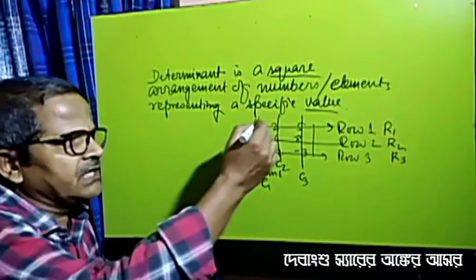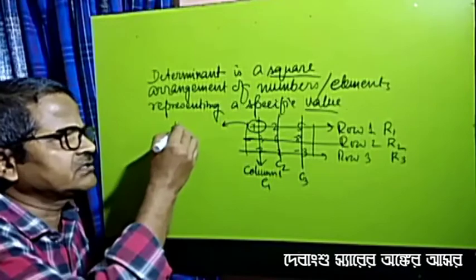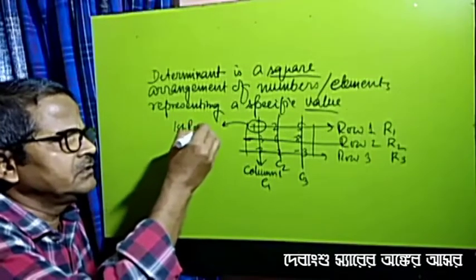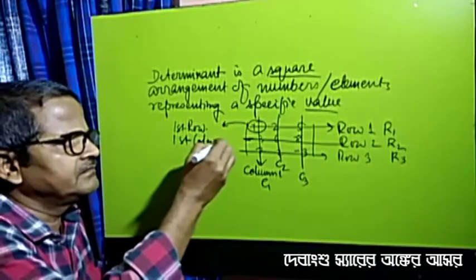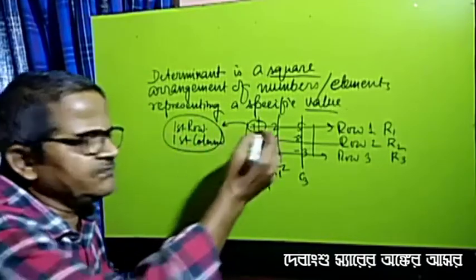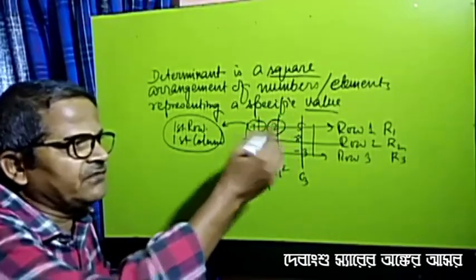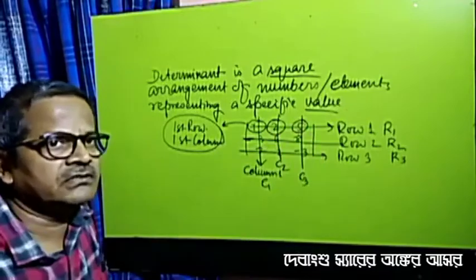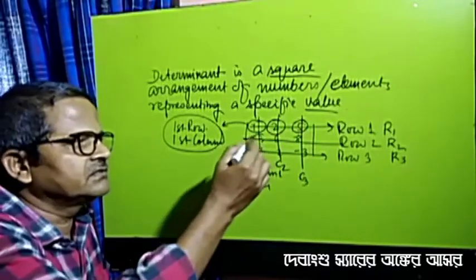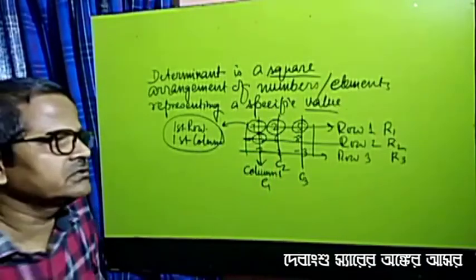Now, if you observe, this element lies in the first row and first column. This element lies in first row, second column. This is first row, third column. Second row, first column. Second row, second column.